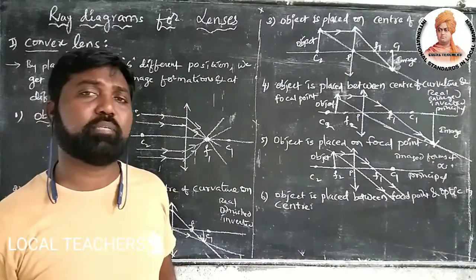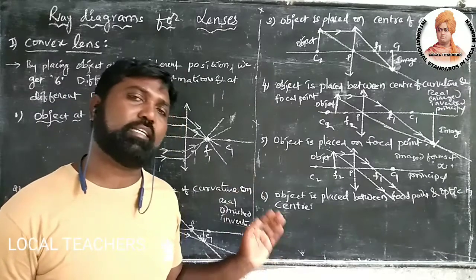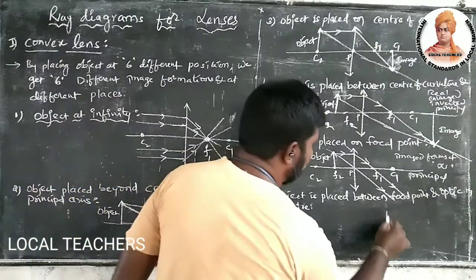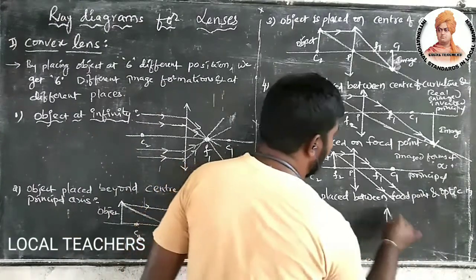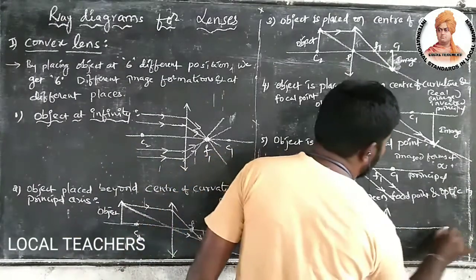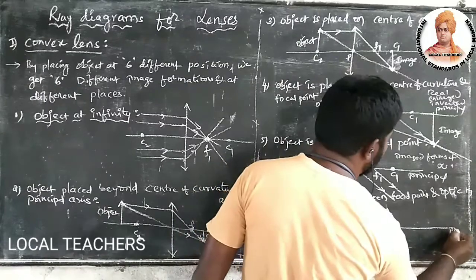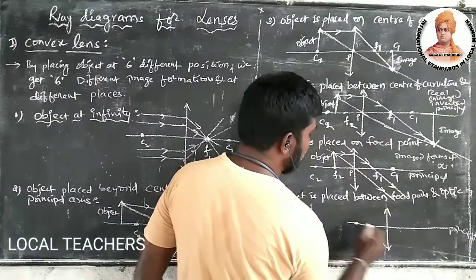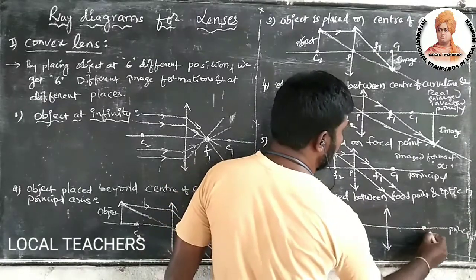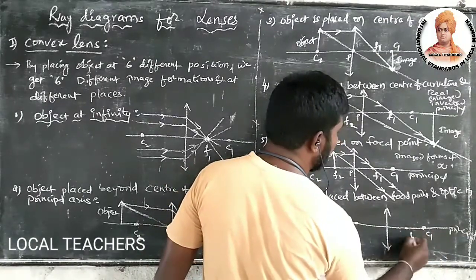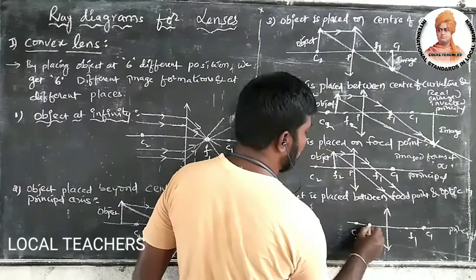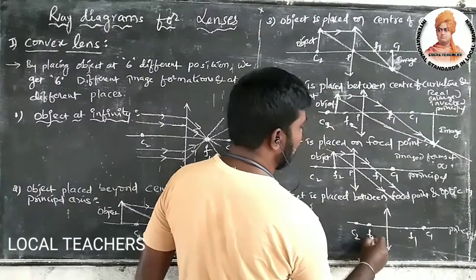Next we go for position 6. The object is placed in between the focal point and the optic center. For that we draw the ray diagram. This is the principal axis, and this is the center of curvature. This is C1, this is F1, this is C2, and this is F2.